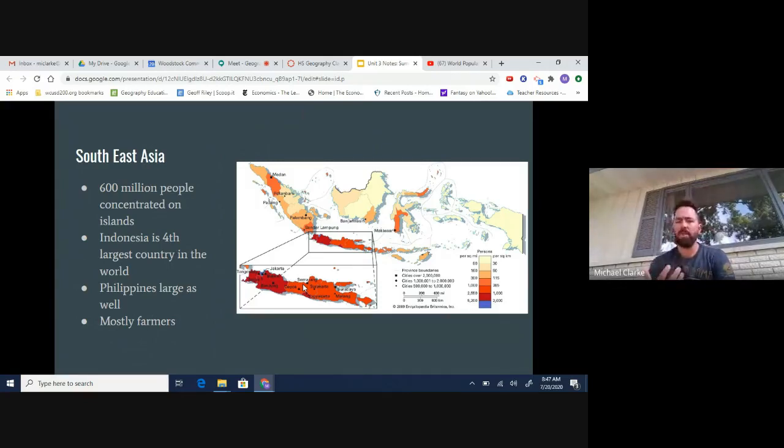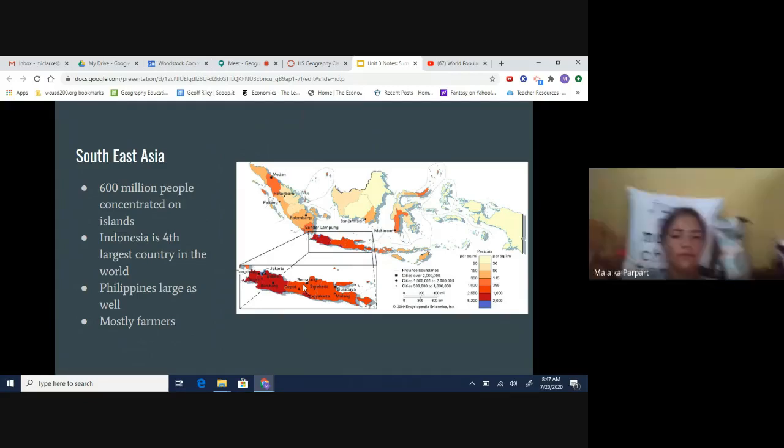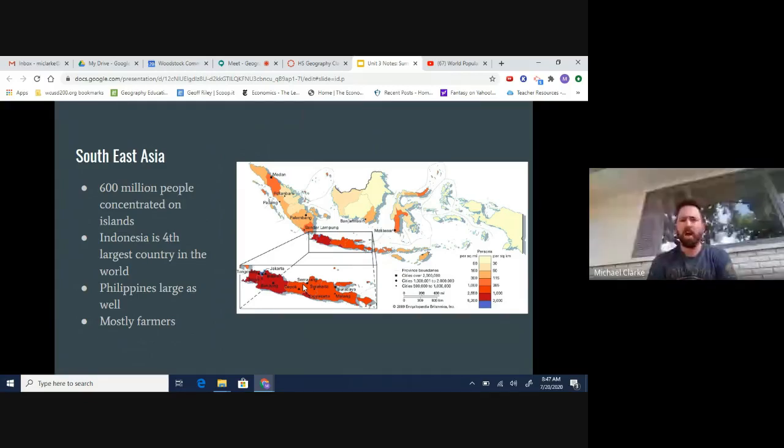They mainly rely on agriculture or aquaculture, like fishing, for their lifestyle. But this is another area of the world that's booming in population size and is heavily Islamic. A lot of Islamic people live in Indonesia, while you have a lot of Buddhists that live in Laos and Cambodia and Malaysia and Vietnam.